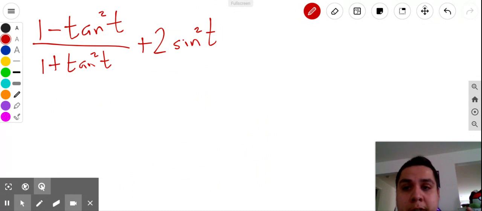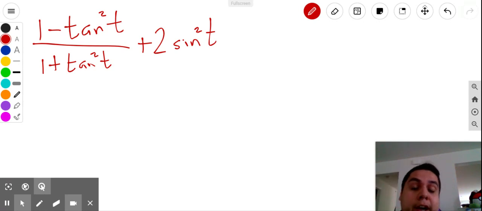Okay, so now we have this one. This is going to be fun. From the looks of it, I have 1 minus tangent squared of t divided by 1 plus a tangent squared of t. And on top of that, I'm adding 2 sine squared to it.